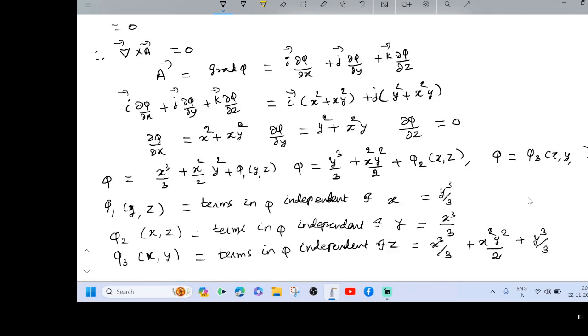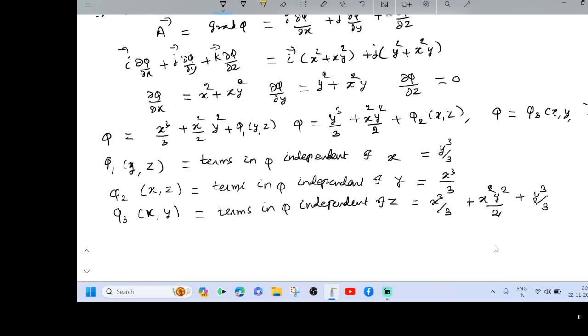So these are all the terms independent of z. Therefore, the potential phi is equal to x³/3 plus y³/3 plus x²y² divided by 2. This is the value of potential.